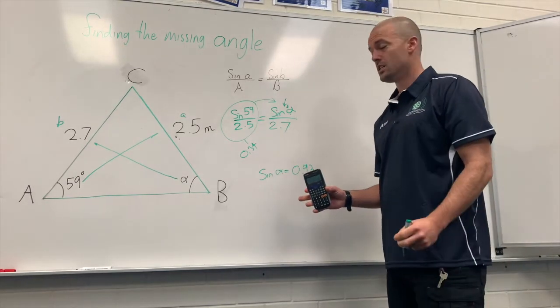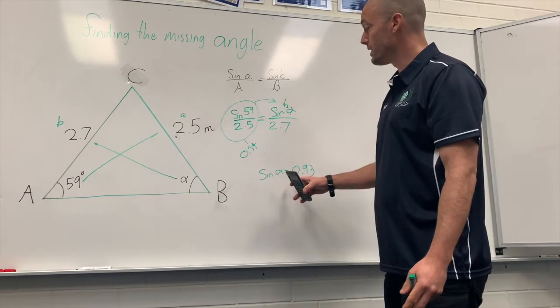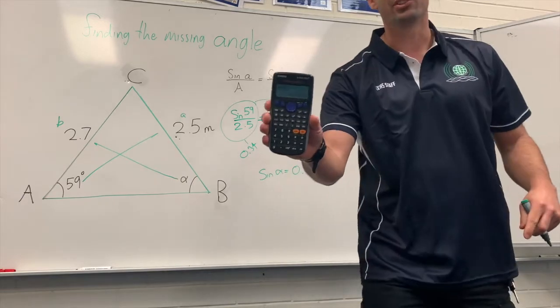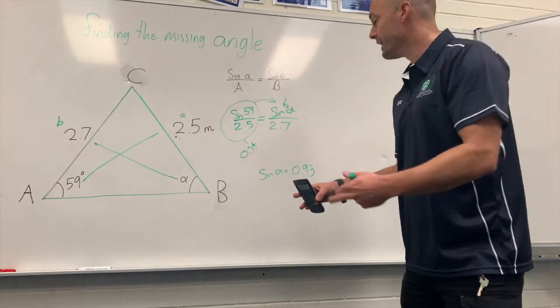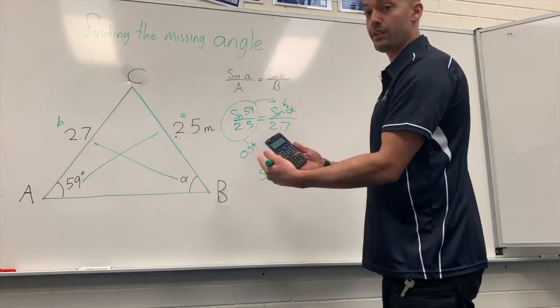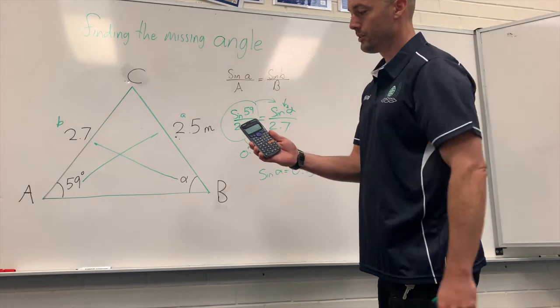But that's not an angle, is it? I mean, it looks a bit weird because that is the sine of the angle. So now I do inverse sine. So I leave this on the screen, but I inverse sine it. So I press shift, or second function on some calculators, sine equals, okay?